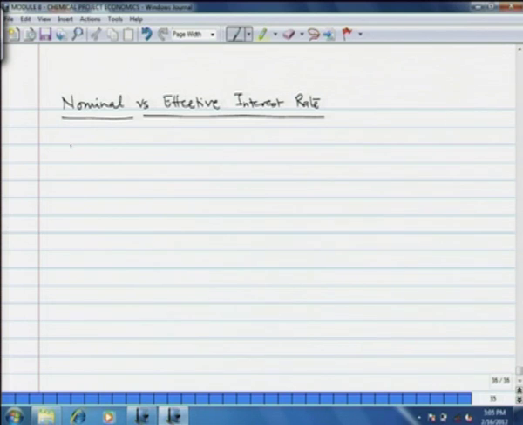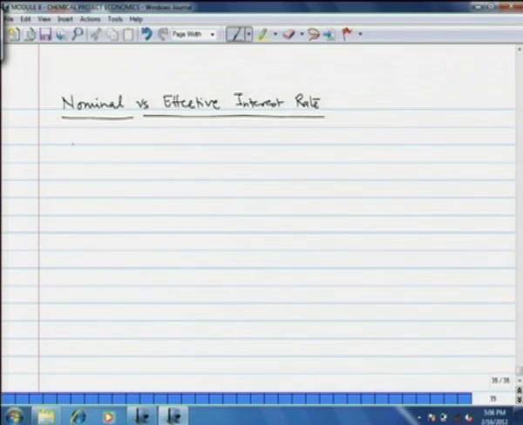For example, Indian banks compound the principal deposited with them on a quarterly basis. So, the compounding period is not 1 year, however, the interest is expressed on the basis of 1 year, and because of compounding in a period lesser than 1 year, the effective interest rate that we earn over the deposits is higher than the nominal interest rate.